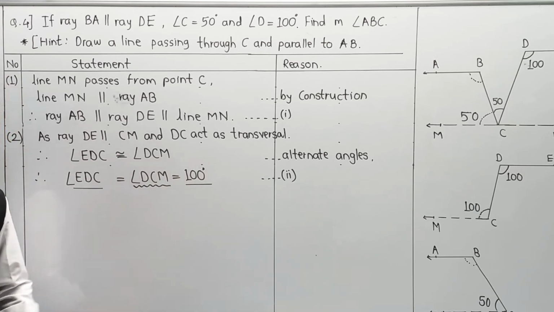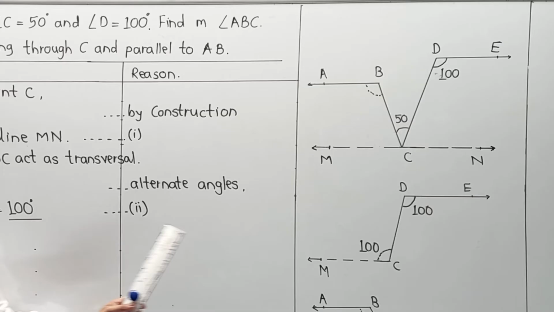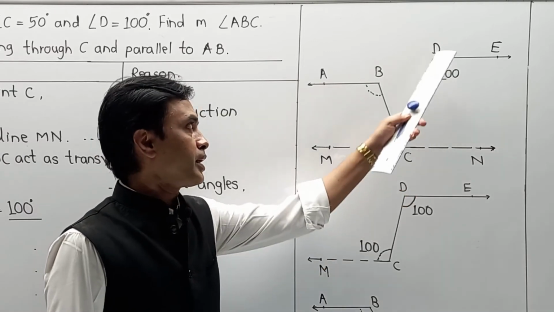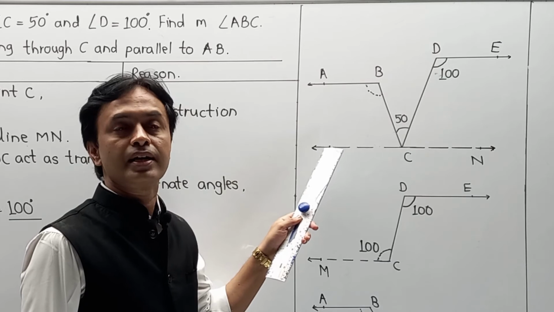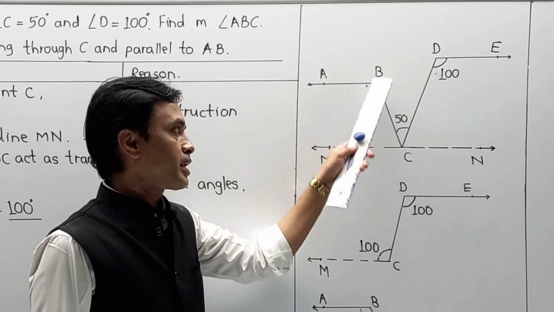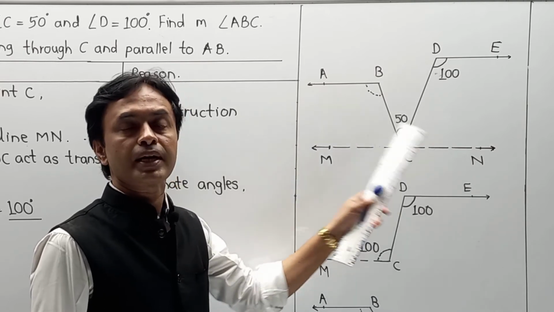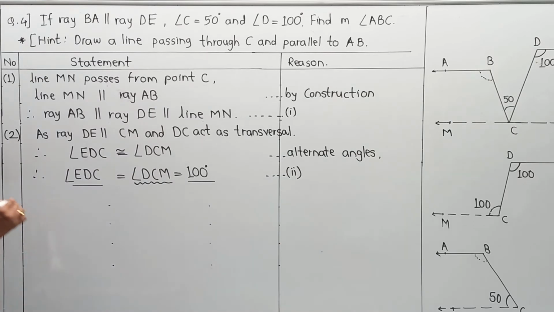As we get DCM equal to 100 degrees here, observe the diagram carefully. DCM is 100 degrees, and among them DCB is 50. Naturally we can get BCM, but again we have to write it in the third group.